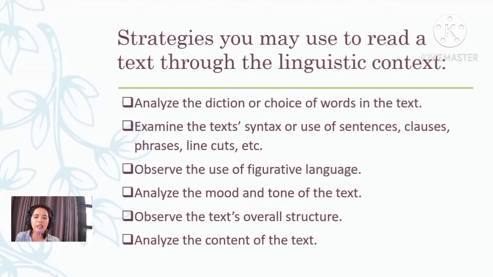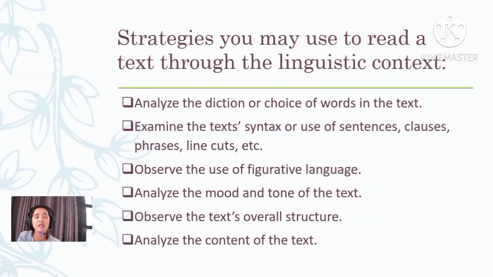Another, analyze the mood and tone of the text. Through the words surrounding the literary work, you will eventually identify what mood the author wants you to see. Does it talk about a mood of loneliness, happiness, positivity, negativity, awareness?